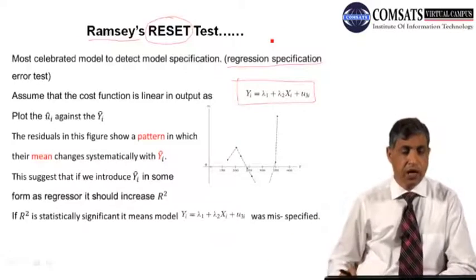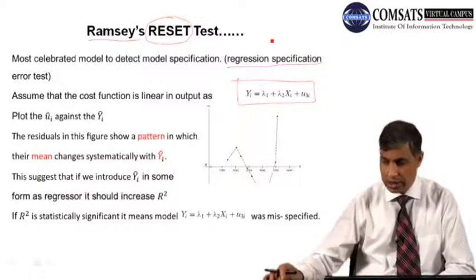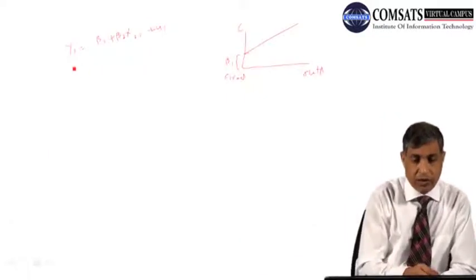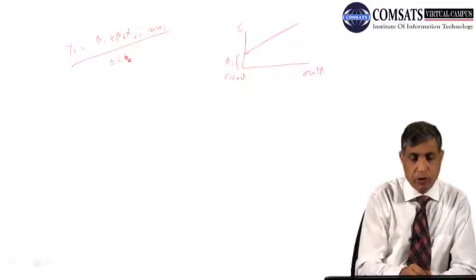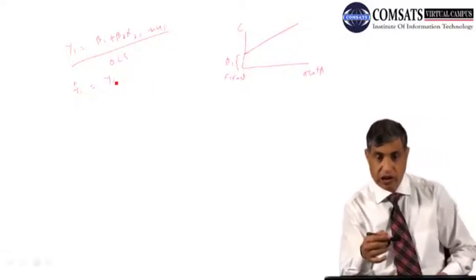Now plot the ui hat against the yi hat. When you apply OLS, you get the yi hat values, and you also have the yi values from which you estimated this.